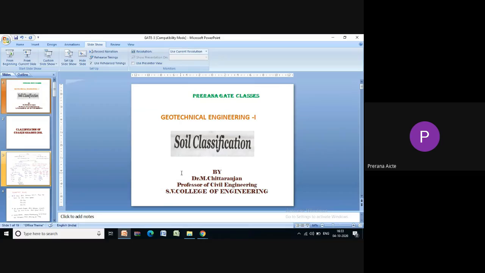So these three we will consider. In the IS classification based on particle size only, we don't consider the Atterberg limits.